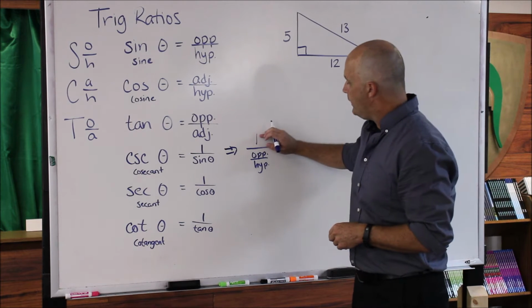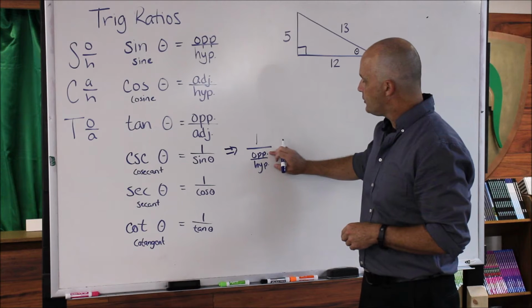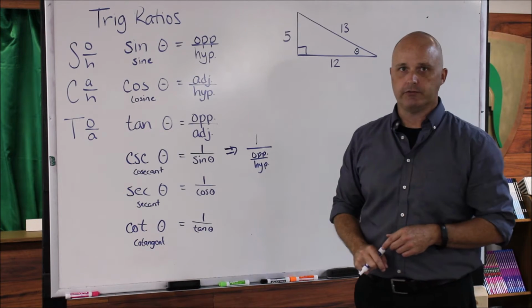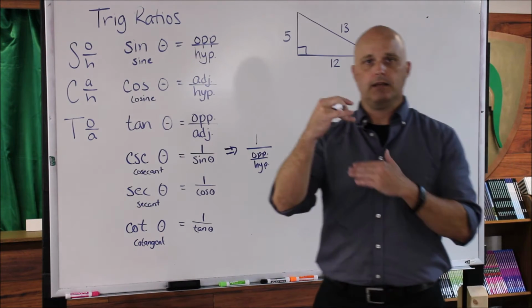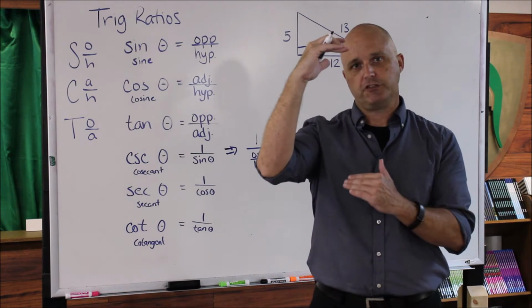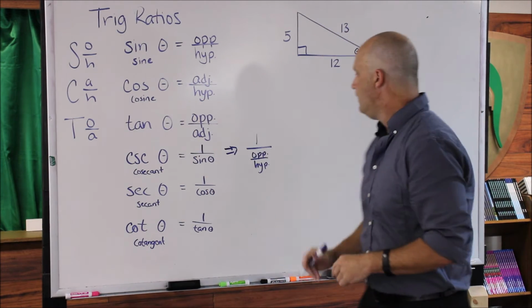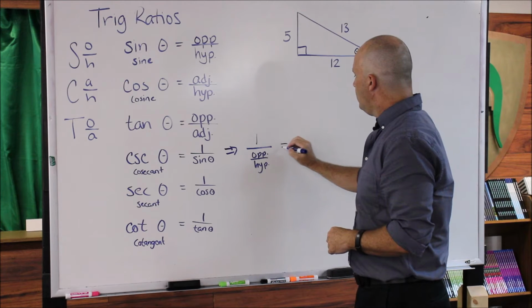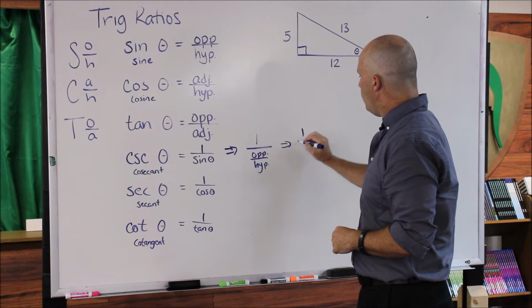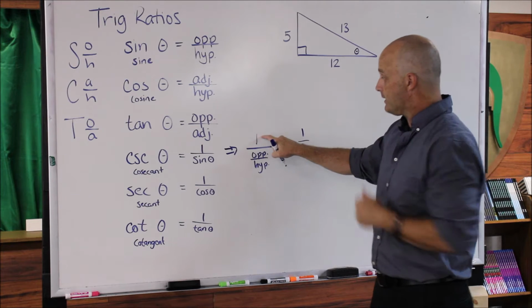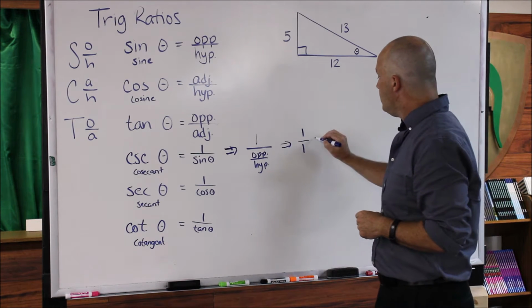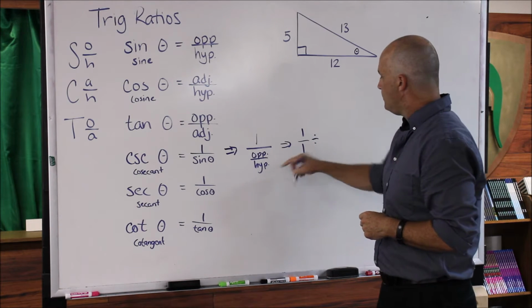So we've got 1 divided by the fraction opposite over hypotenuse. Remember that we can take a complex fraction which is stacked vertically, and spread it out horizontally instead. So we end up with 1 over 1, which is exactly the fraction that 1 is, divided by opposite over hypotenuse.